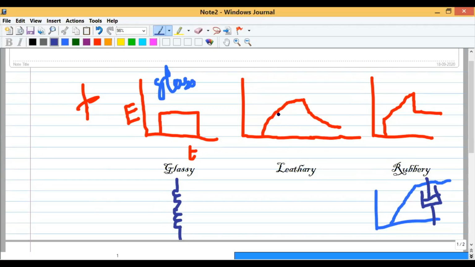So what do you think here? What is the main application, or what happens physically? It is deforming, and there is also some permanent deformation over here.